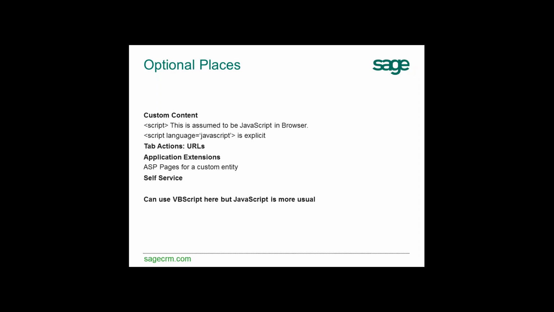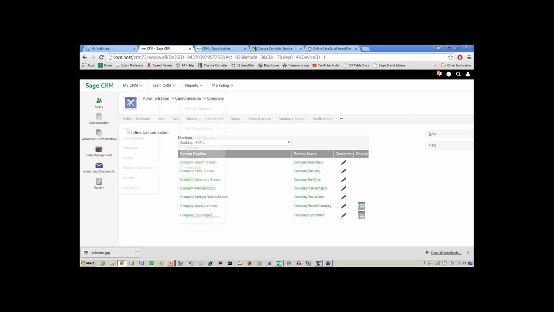So that's the optional place where we can add JavaScript into the interface, and we can also add JavaScript into URLs. Anywhere basically where we can add in a URL and call a URL, we can put in some JavaScript because we can make use of what are called pseudo URLs.